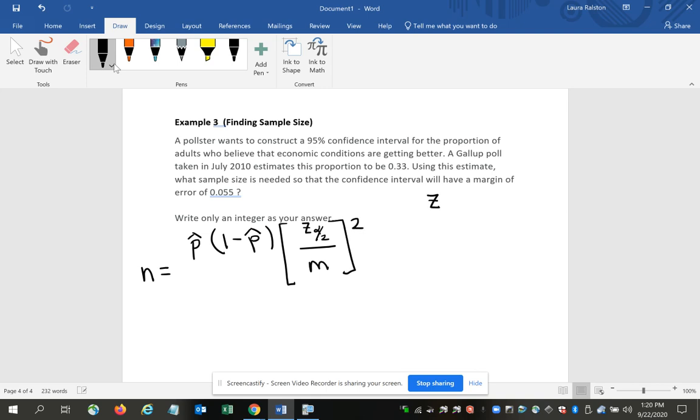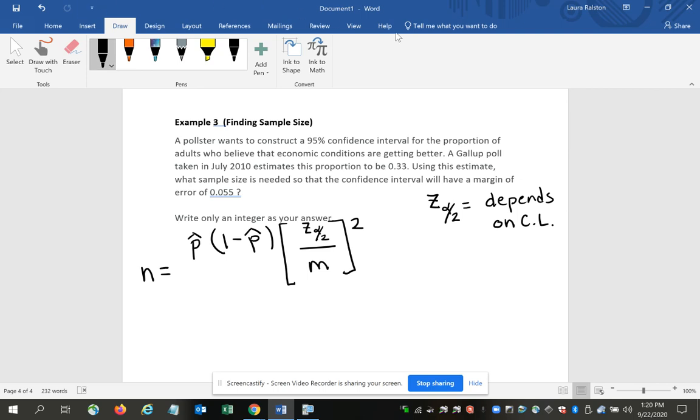Now, the critical value for z depends on the confidence level. And the most common ones are 90%, 95, 98, or 99. Those 4 values are on the lesson notes.